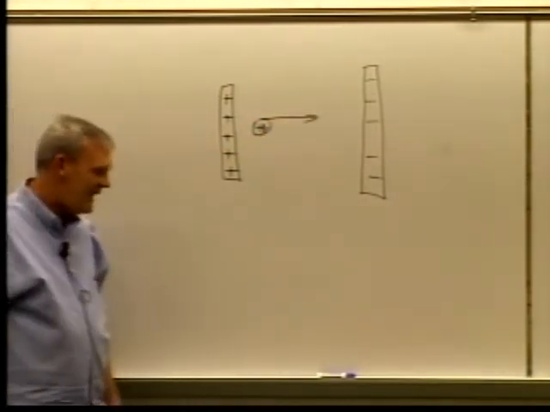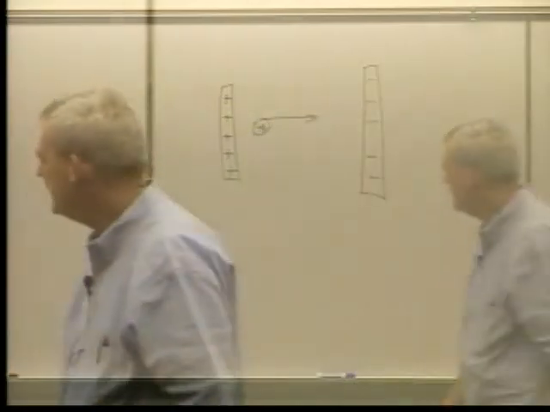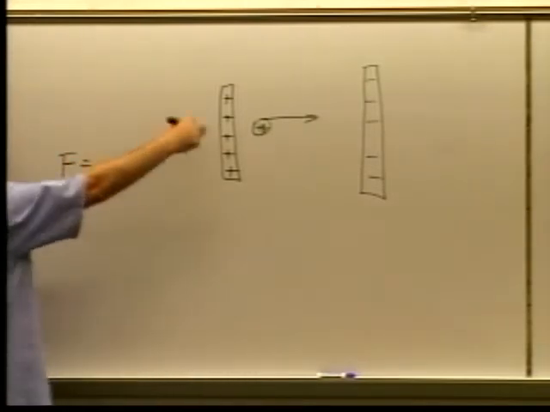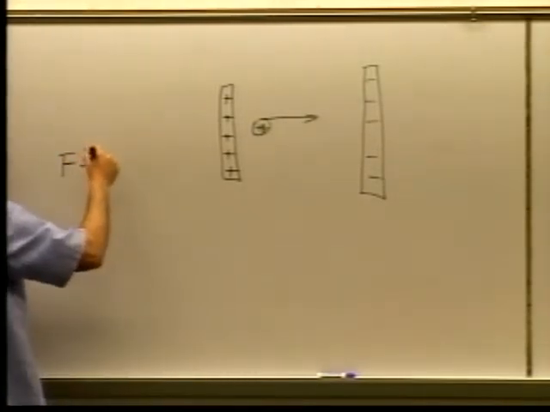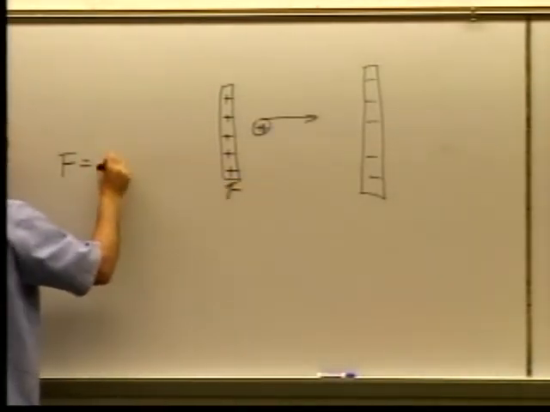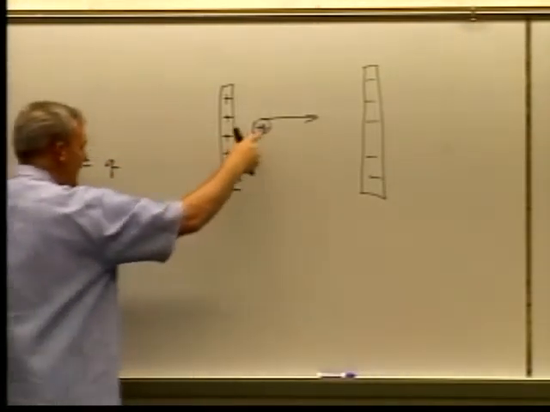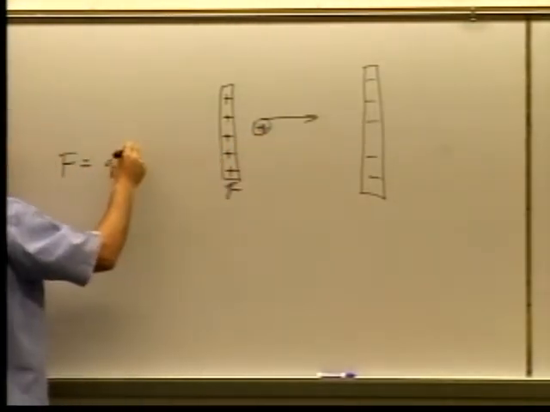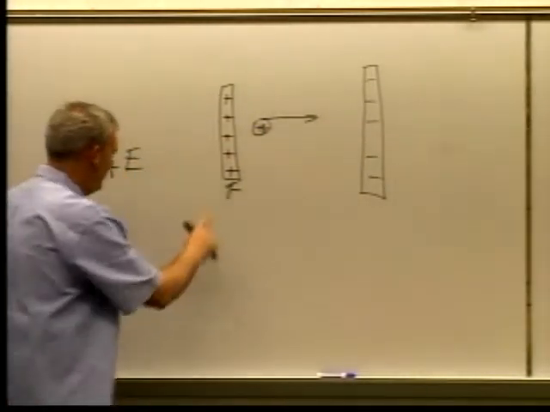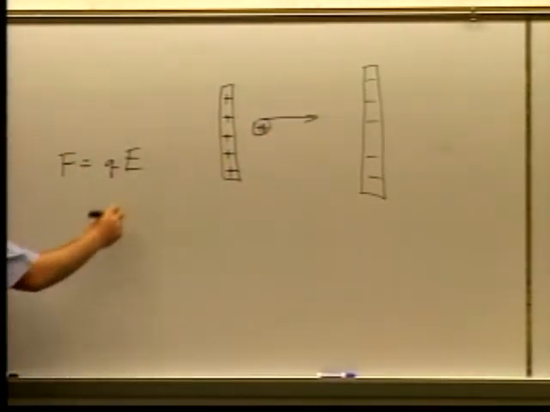Now, the nice thing inside the parallel plate capacitor is that the force is equal to the charge Q, well actually, this charge here, times the electric field. Okay? Now then, not this Q, this Q. Okay? Times the electric field inside there.